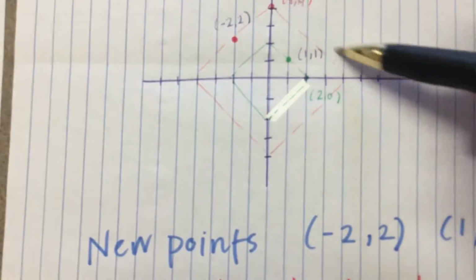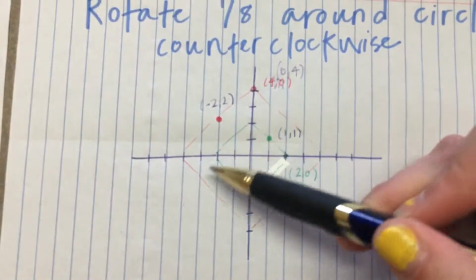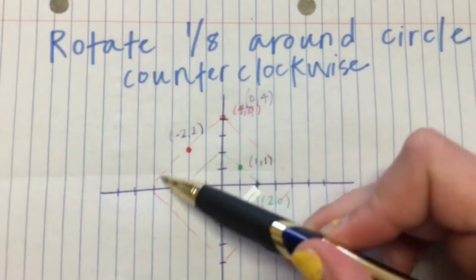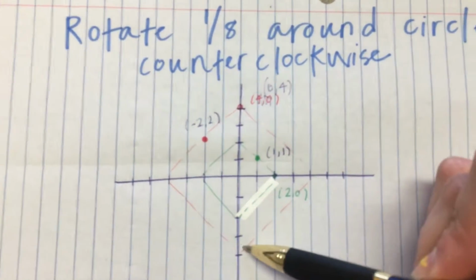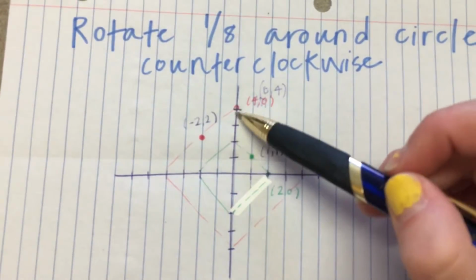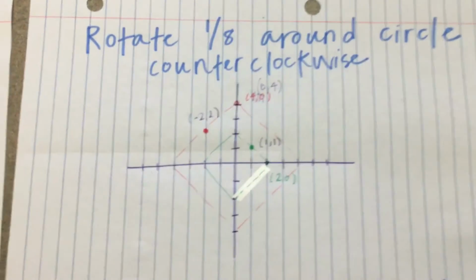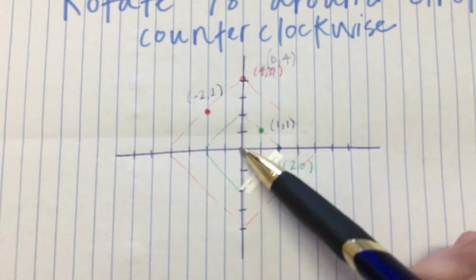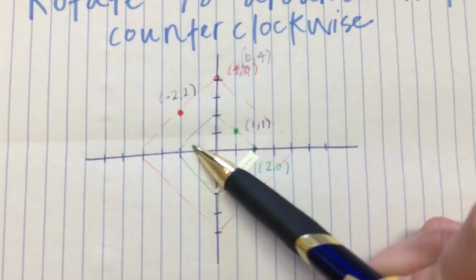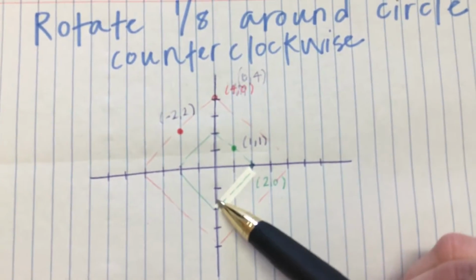Sorry, excuse me, my mistake. And I'm going to draw an Etch-a-Sketch circle around both of them. From 0, 4, the radius is 4, so every point on the circle is going to be 4 away from the center. Same thing with 2, 0. The radius here is 2, so every point from the center is going to be 2 away.